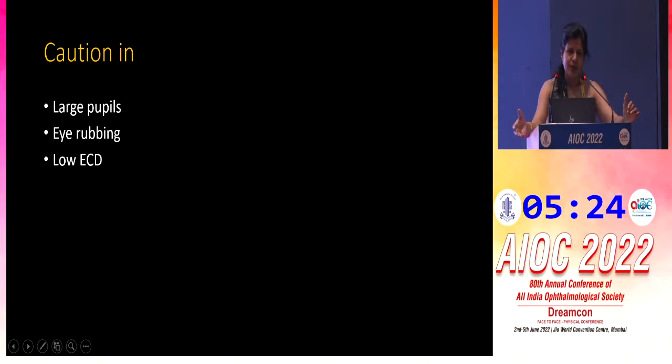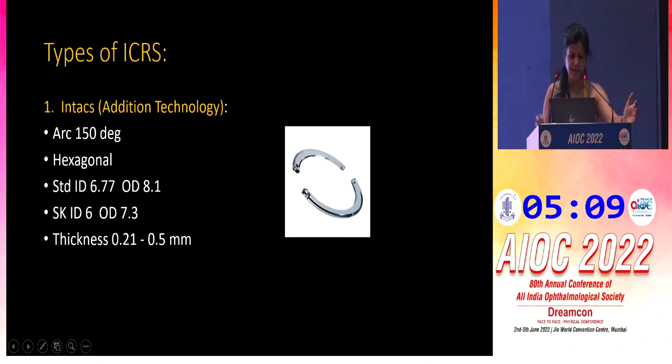You have to be cautious, like I mentioned, in patients with vernal keratoconjunctivitis, low endothelial cell counts, and large pupils, just to make sure that your segments don't come in the pupillary interface.